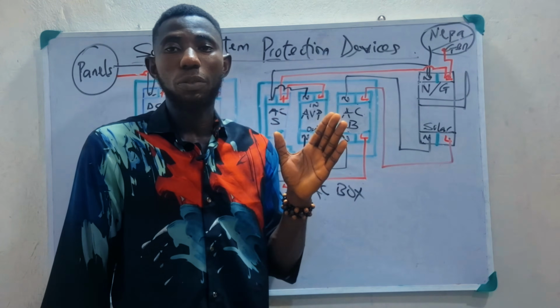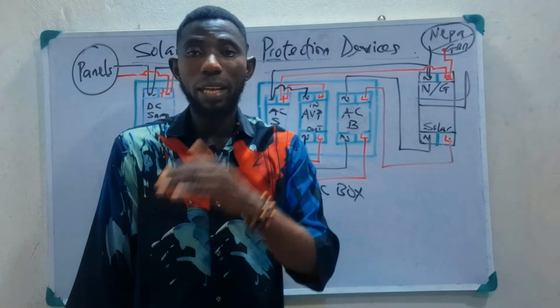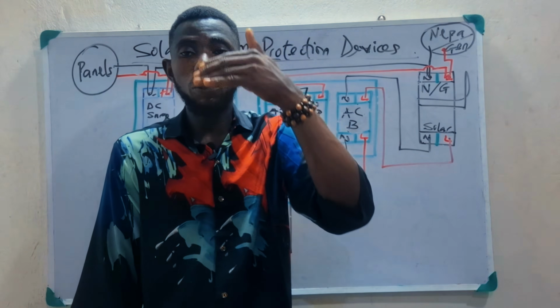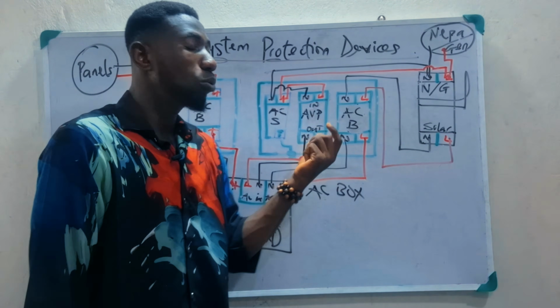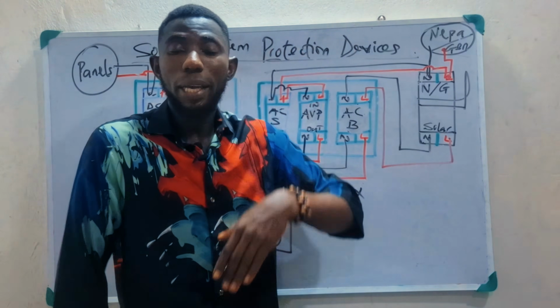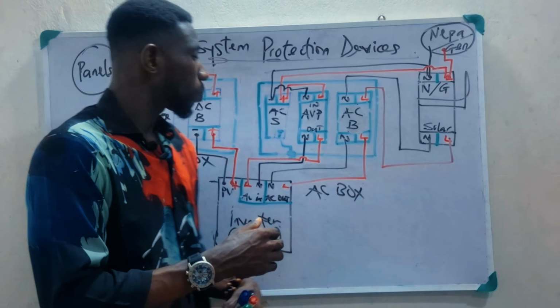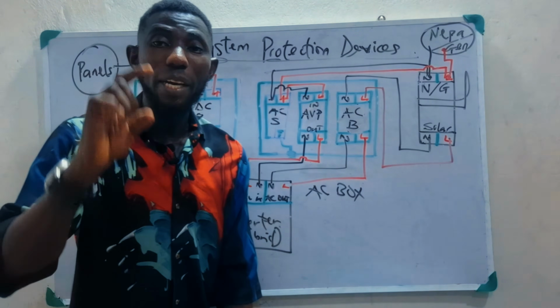Then when it goes below your low voltage cutoff, the AVP will cut it off until it sees the value that you set for low voltage. Once it passes it, it will begin to give power output to the system. So that is basically the use of the AVP, and it's very, very important.